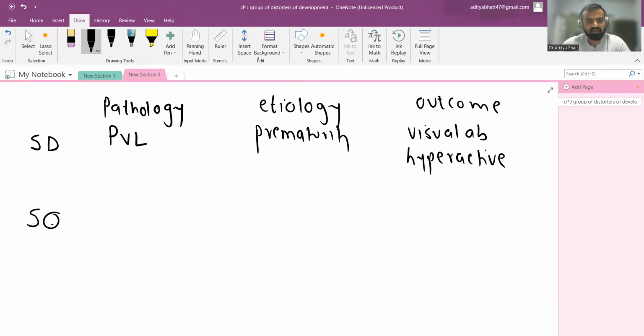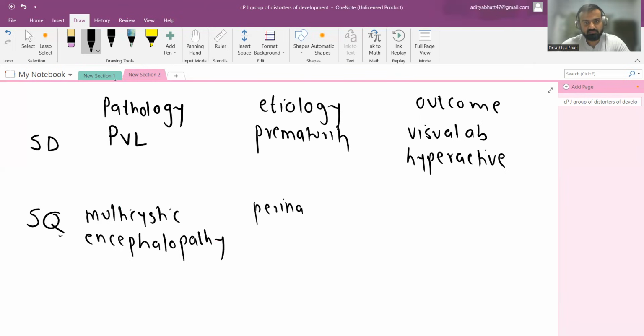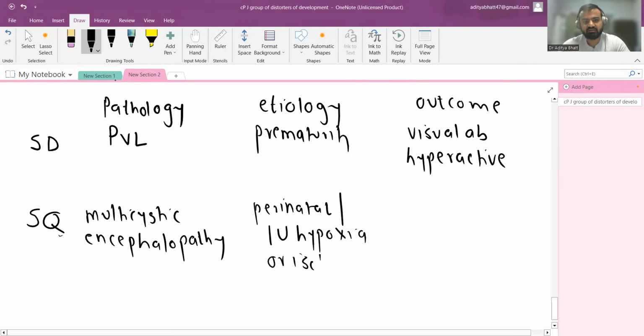Now, spastic quadriplegic CP, what is the abnormality? There are porencephalic cysts, multicystic encephalopathy. Most commonly it occurs due to perinatal or intrauterine hypoxia or ischemia. So that is the most common cause of spastic quadriplegic CP.